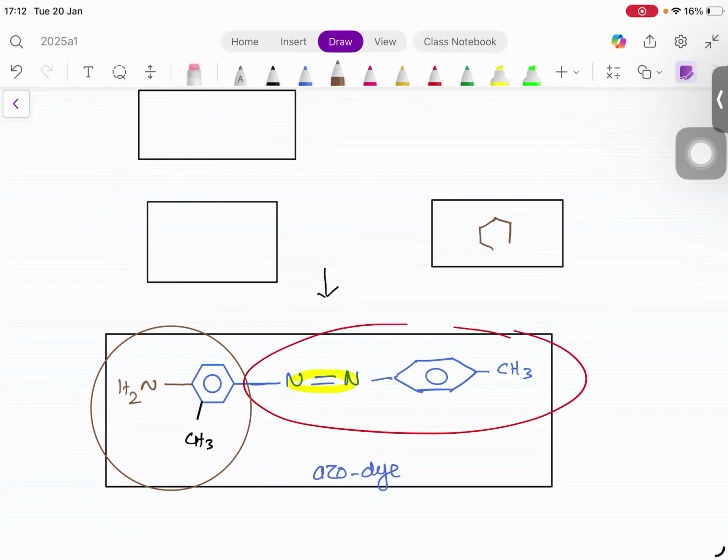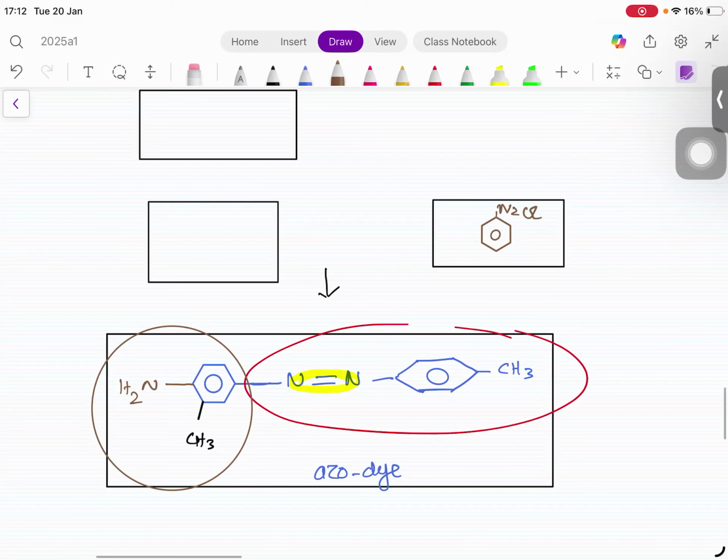So I'm going to write BDC here. And then CH3 here. So this is the compound here. BDC, you have attached CH3. Could be. What about this? This is phenylamine again, having CH3 at carbon number 2.